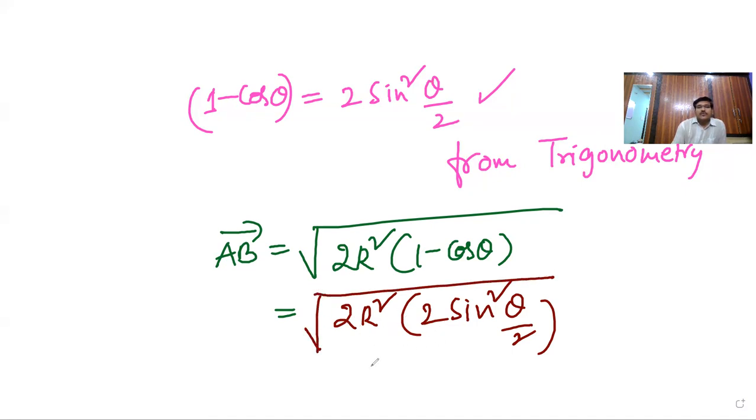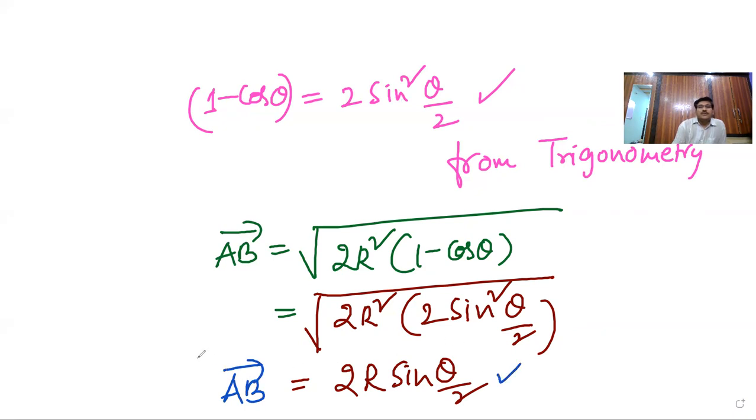So 2 into 2 is 4. If I take 4 out, it is 2 square root of 2 into 2, 4. 2 square root 2. R into R square root is 2r, sine square theta by 2, so sine theta by 2. This is nothing but displacement AB bar.